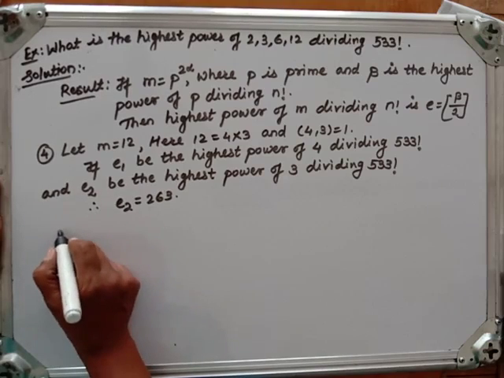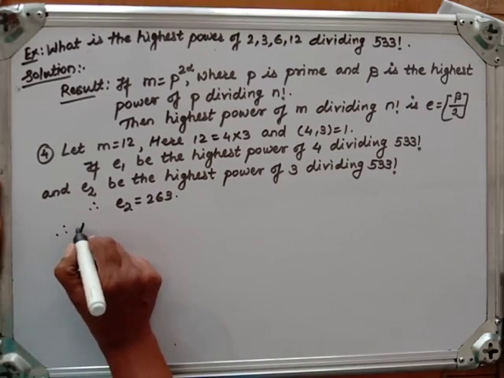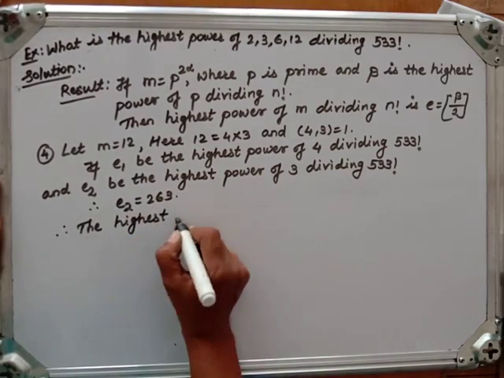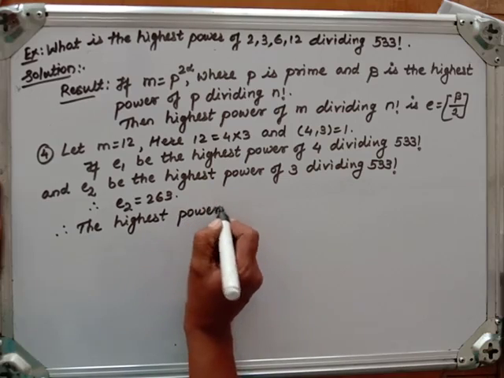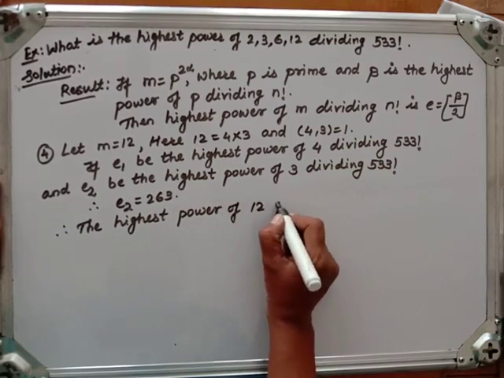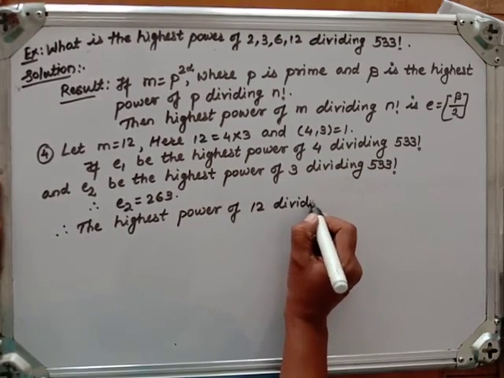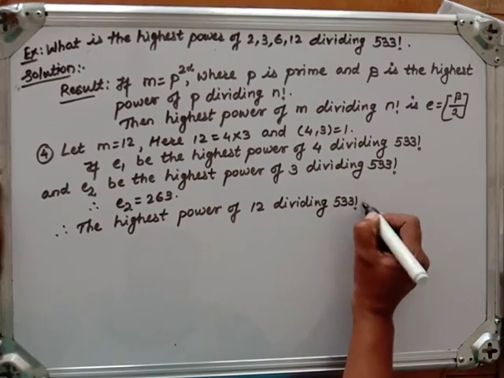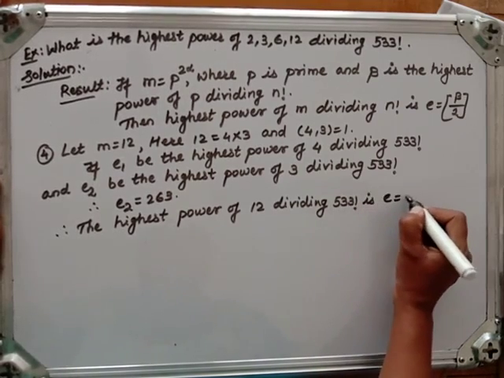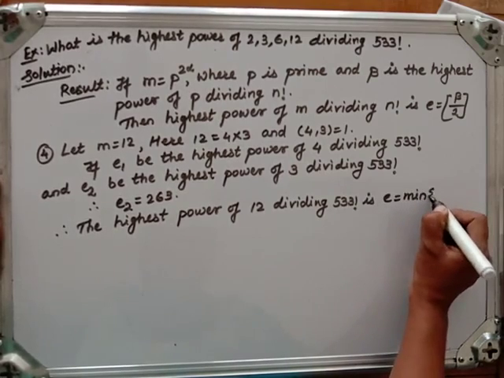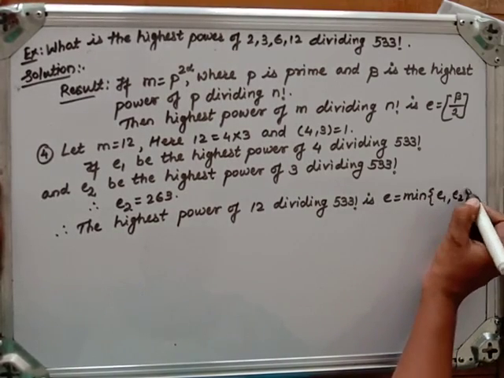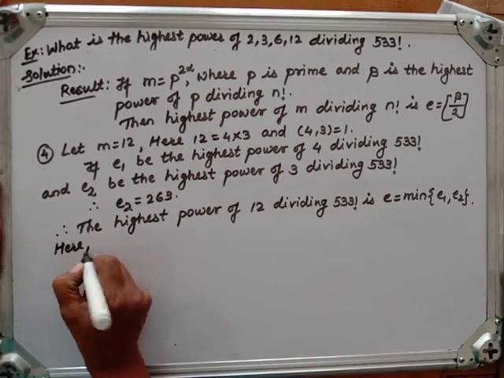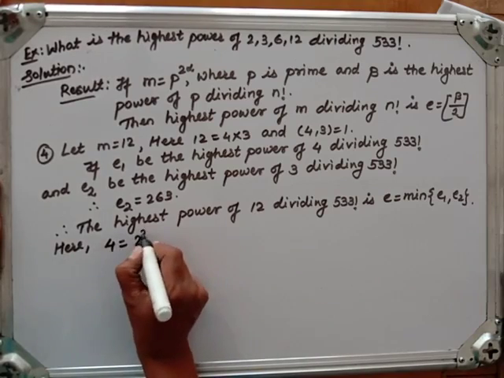Here, therefore, the highest power of 12 dividing 533 factorial is E equal to minimum of E1, E2. Okay. Here 4 is equal to 2 square.